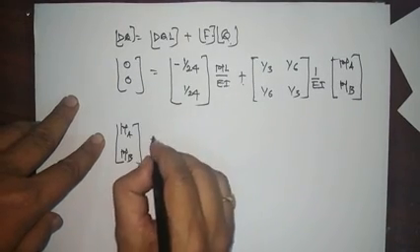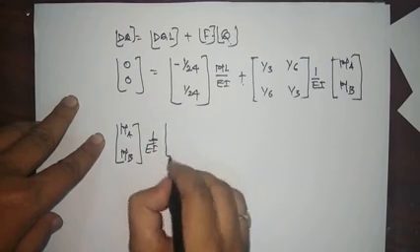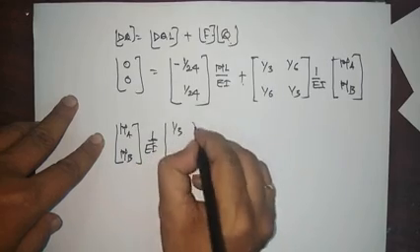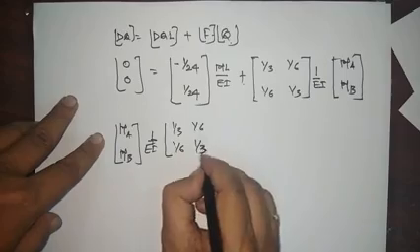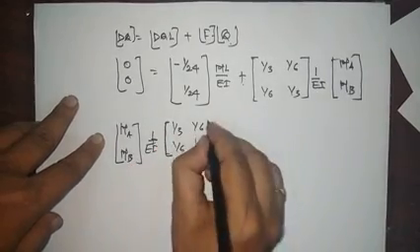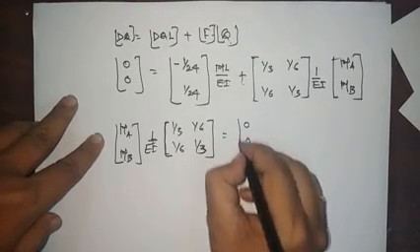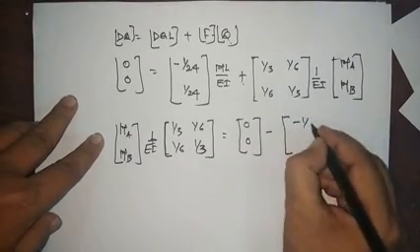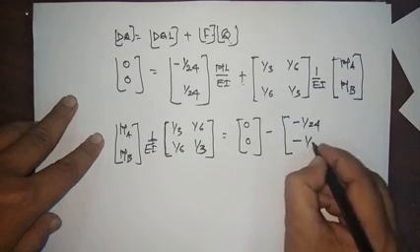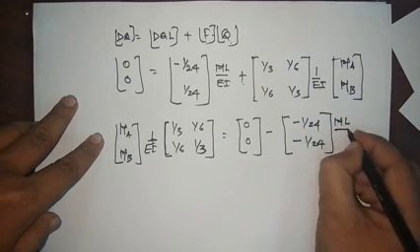Suppose we do one more step: 1 upon EI into 1 by 3, 1 by 6, 1 by 6, 1 by 3, is equal to 0, 0 minus this, minus 1 by 24, minus 1 by 24, ml upon EI.